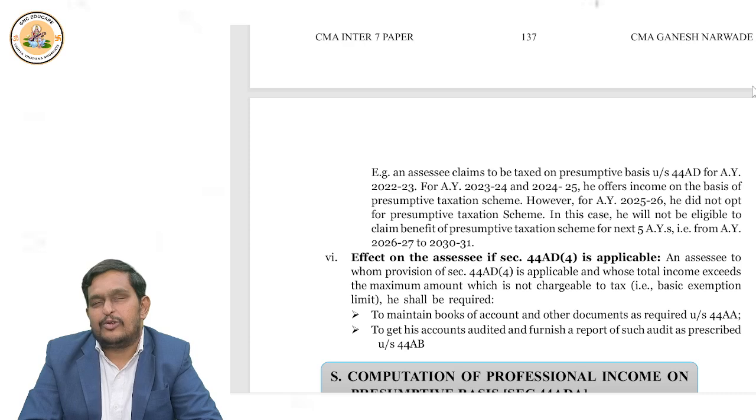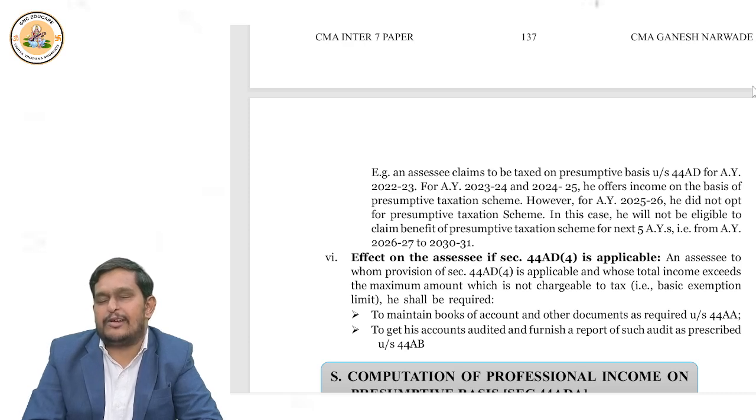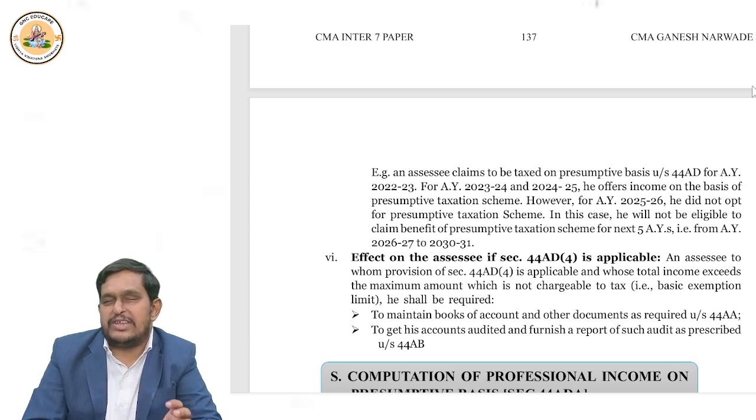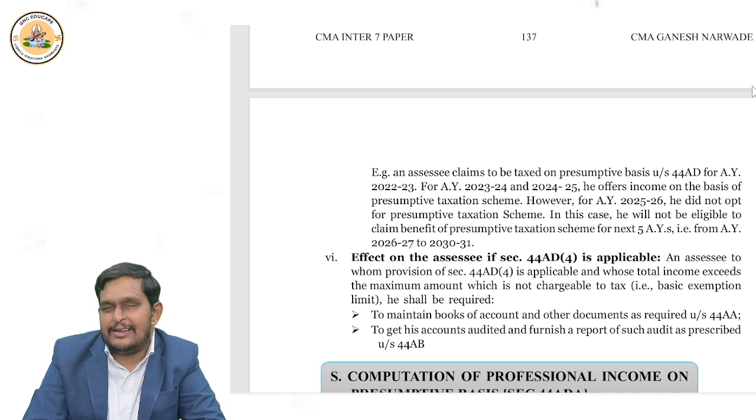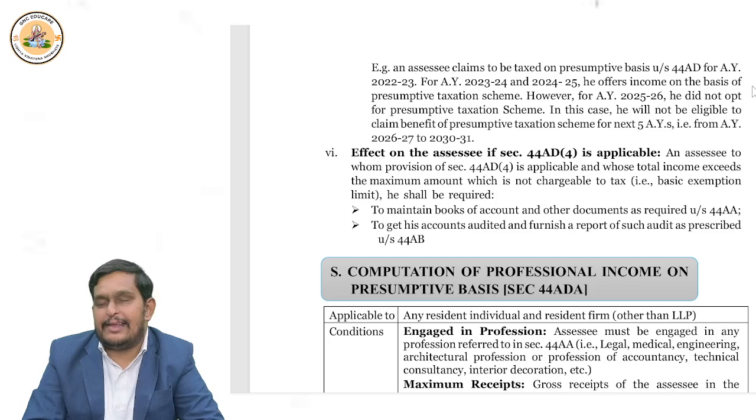So you are not supposed to do tax audit, you are not required to maintain books. Right? This is how they said. But if you show less than the specified percentage income which is given in the law, get the accounts prepared and audit done. That's it. So I completed section 44AD.